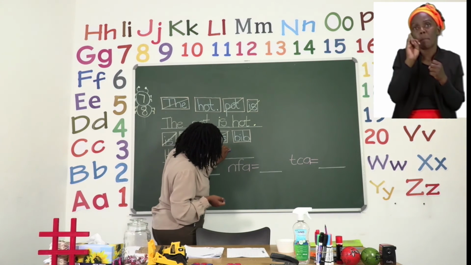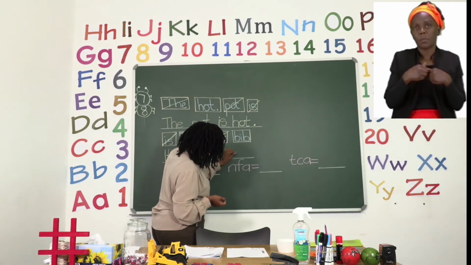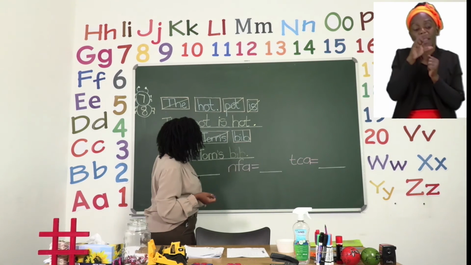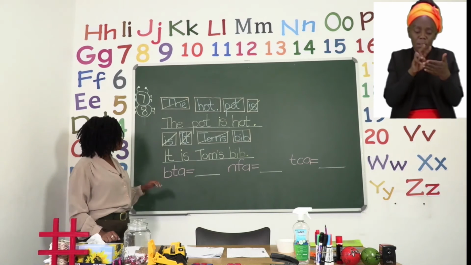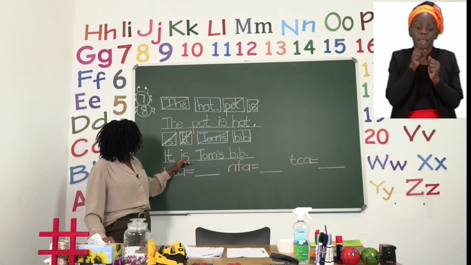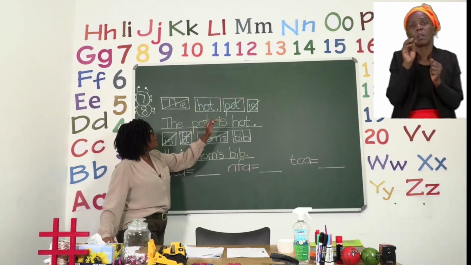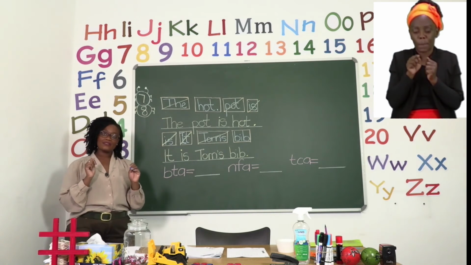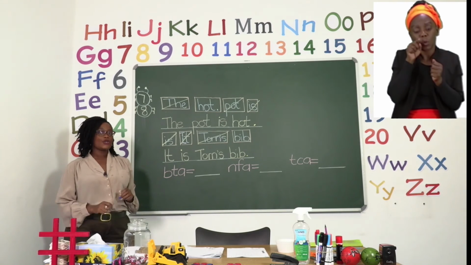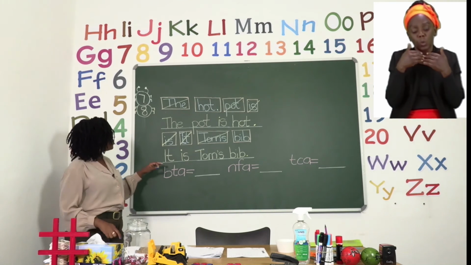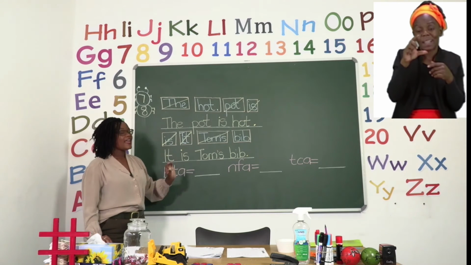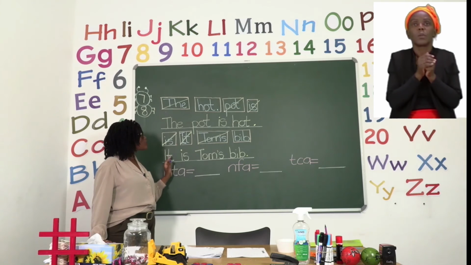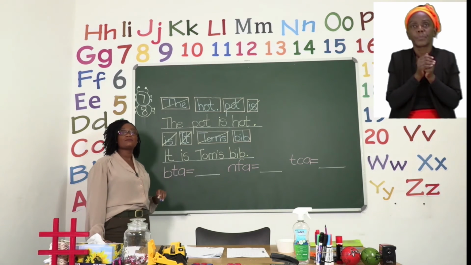So we're going to write the word bib. And now our sentence is complete. Let's read our sentence. It is Tom's bib. So when you are building your sentences, you first look for a capital letter, and then from there you try to build it by reading the blocks with the word that you've already put.